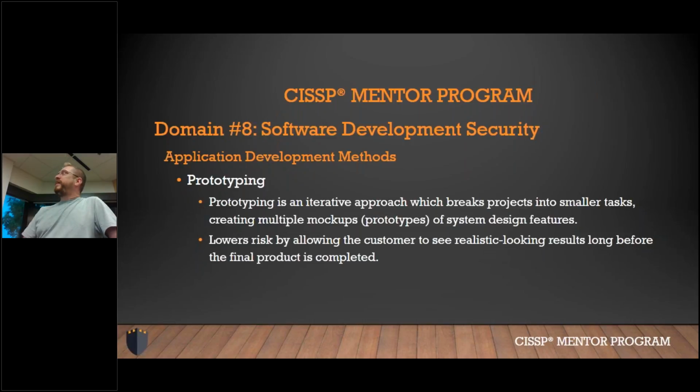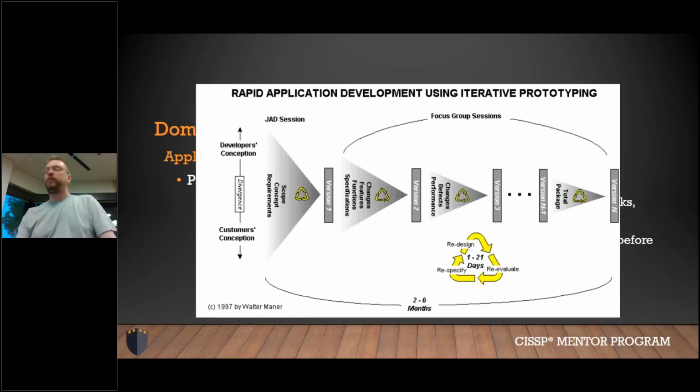So prototyping is an iterative approach, breaks down projects into smaller tasks, creating multiple mock-ups, and lowers your risk by allowing the customer to see realistic looking results long before the final product is completed, right? How many times have people come up and said, I want to do this?